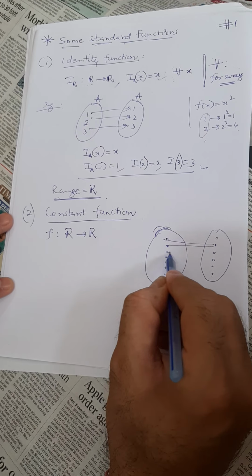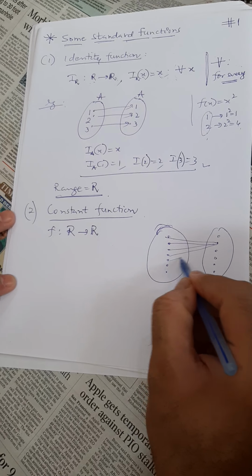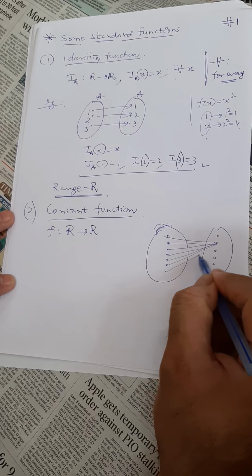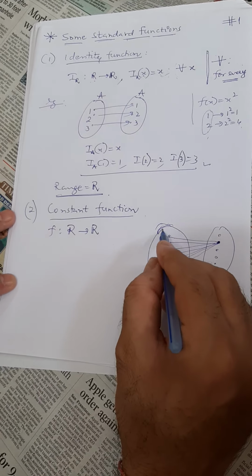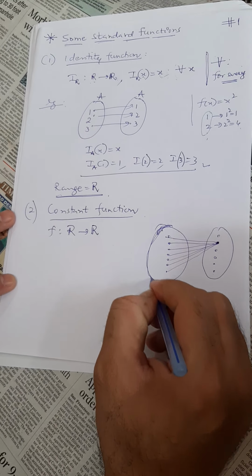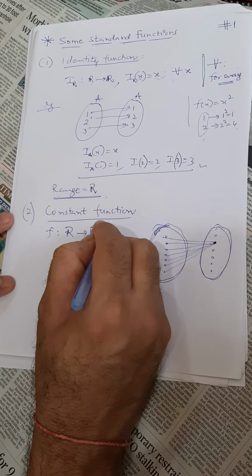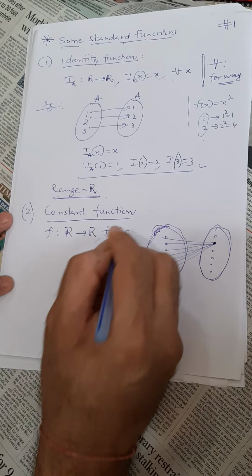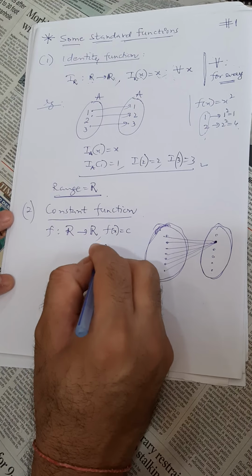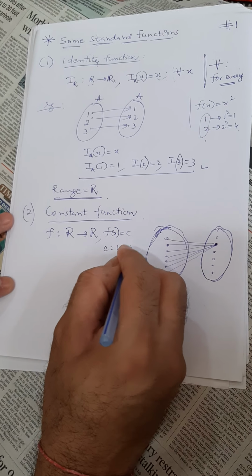Suppose if I take like this, then every member of the domain goes to one fixed member. So such a function is called a constant function. This is a function, remember. So it is defined like f(x) equals c, where c is some fixed constant.